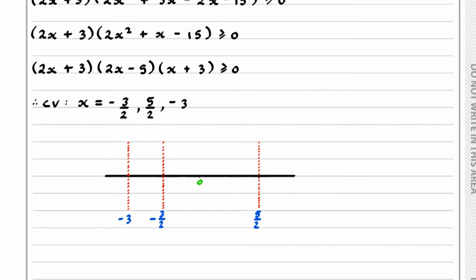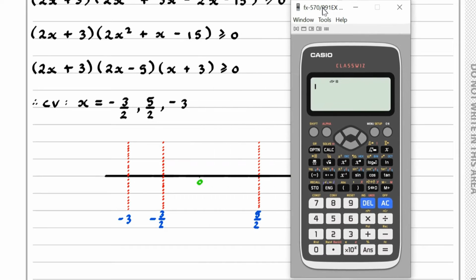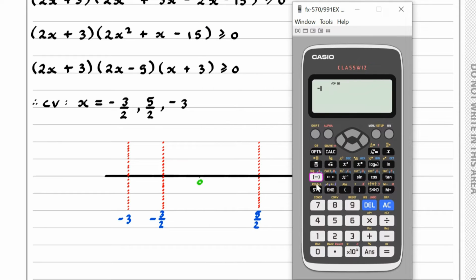For example, if we test something smaller than negative 3, such as negative 4, well, what we can do is substitute this negative 4 back into here.